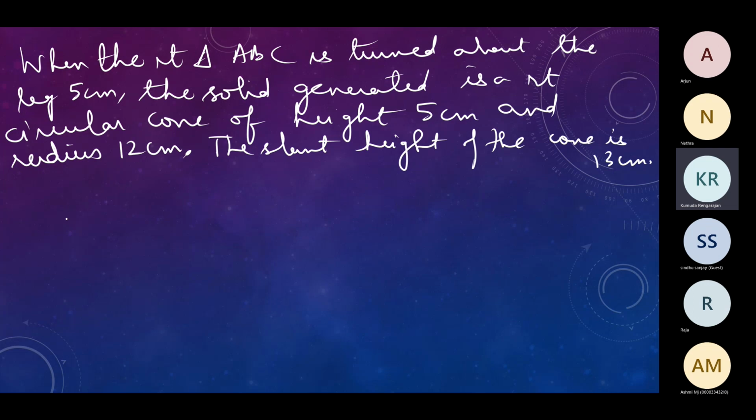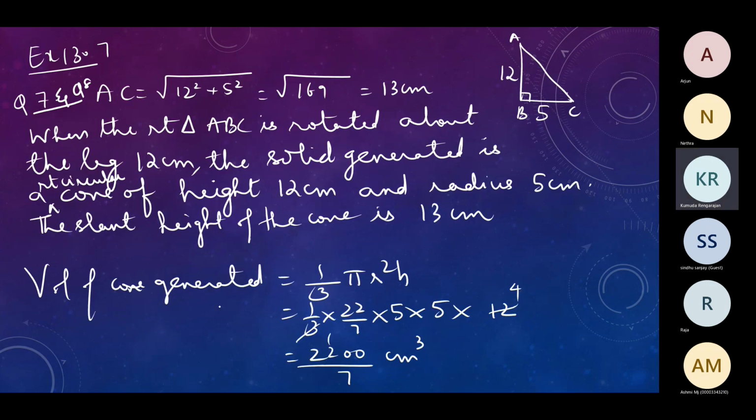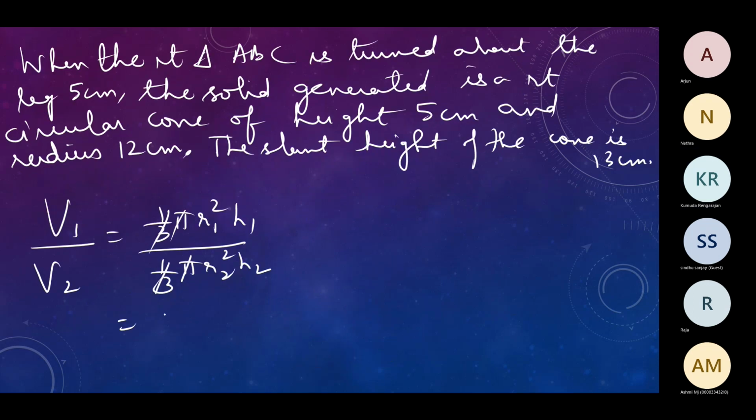So if that is the question, then volume 1 by volume 2 is equal to 1 by 3 pi r1 square h1 by 1 by 3 pi r2 square h2. So 1 by 3 and pi get cancelled. In the first case, the radius is 5 and the height is 12.